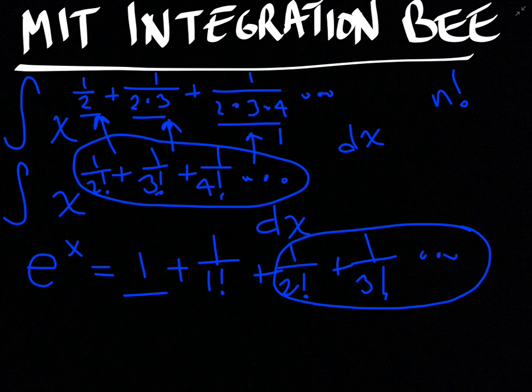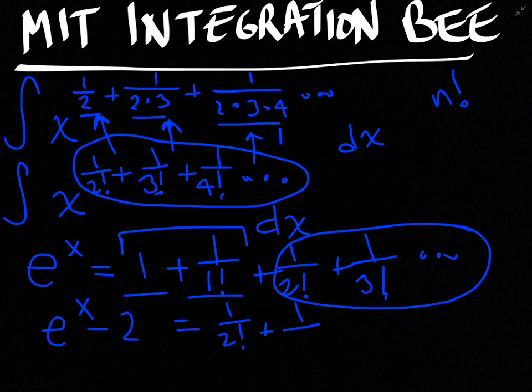And so this term is 1, and 1 over 1 factorial is just 1. So collectively, these make 2. So if we say e minus 2, that is going to be our exponent. So it's 1 over 2 factorial plus 1 over 3 factorial plus 1 over 4 factorial, and so on.